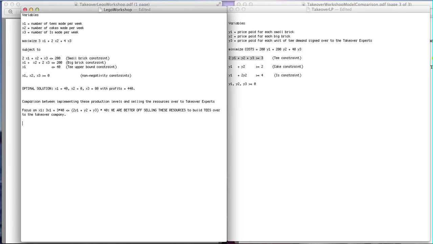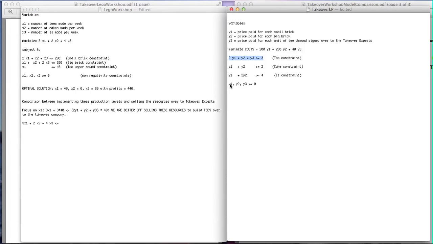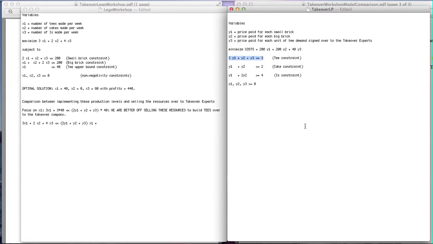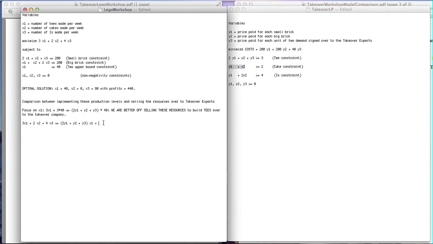I can do the same thing for x2 and for x3. So if I sum all of these, 3x1 plus 2x2 plus 4x3 has to be less than or equal to (2y1 plus y2 plus y3) x1 plus (y1 plus y2) x2 plus (y1 plus 2y2) x3.